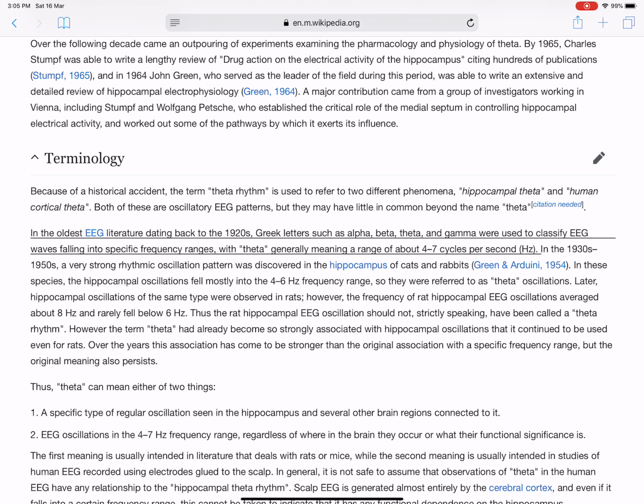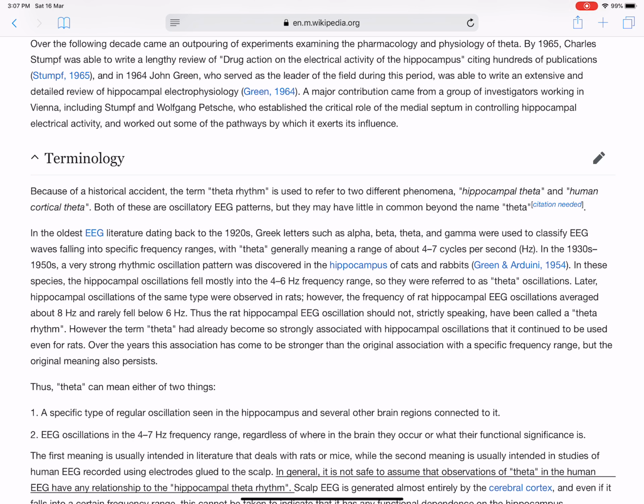Thus, theta can mean either of two things: a specific type of regular oscillation seen in the hippocampus and several other brain regions connected to it, or EEG oscillations in the Hertz frequency range, regardless of where in the brain they occur or what their functional significance is. The first meaning is usually intended in literature that deals with rats or mice, while the second meaning is usually intended in studies of human EEG recorded using electrodes glued to the scalp.